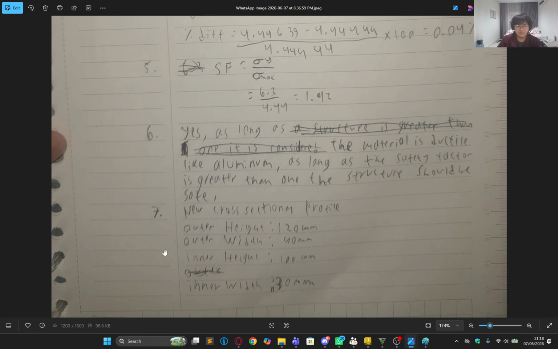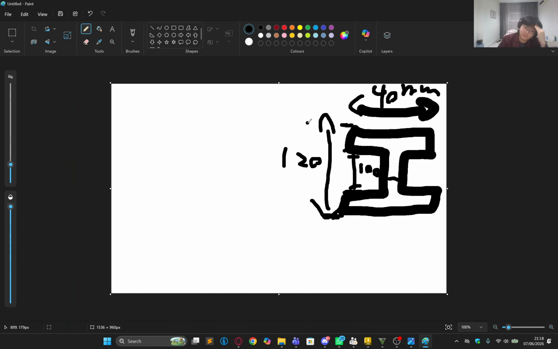So we have the outer height, outer width, inner height, inner width. This just shows the dimensions of this.